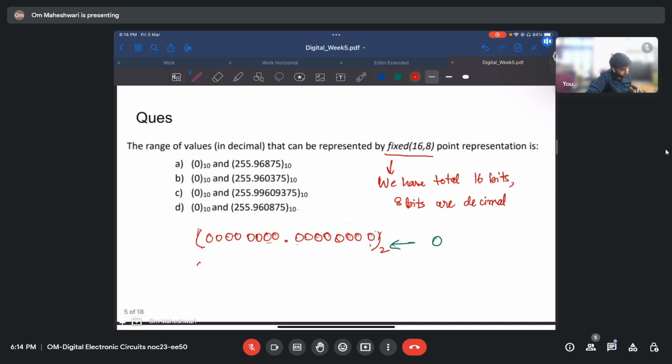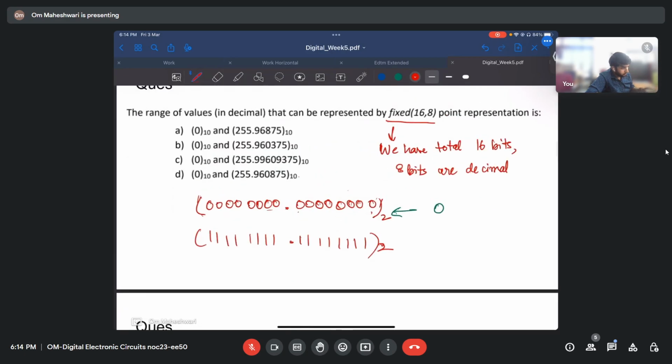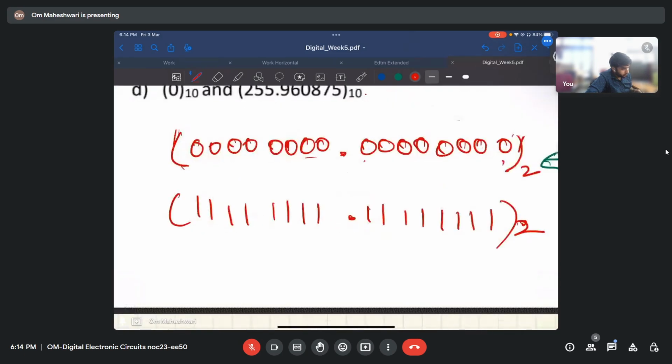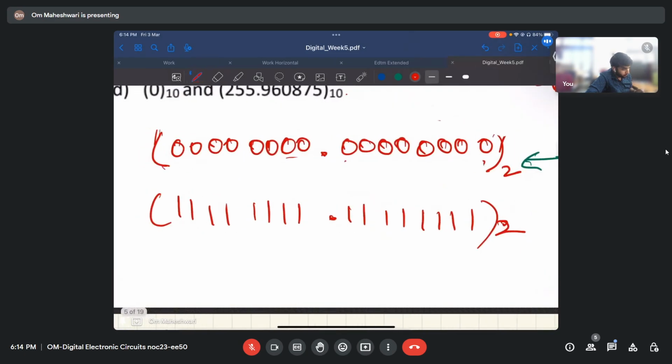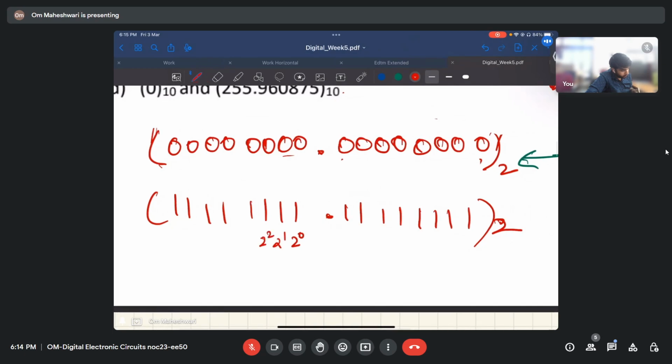The maximum number that you can represent is all ones, base 2. Now if you see, these are all powers of 2: 2 to the power 0, 2 to the power 1, 2 squared, 2 cubed, 2 to the 4.